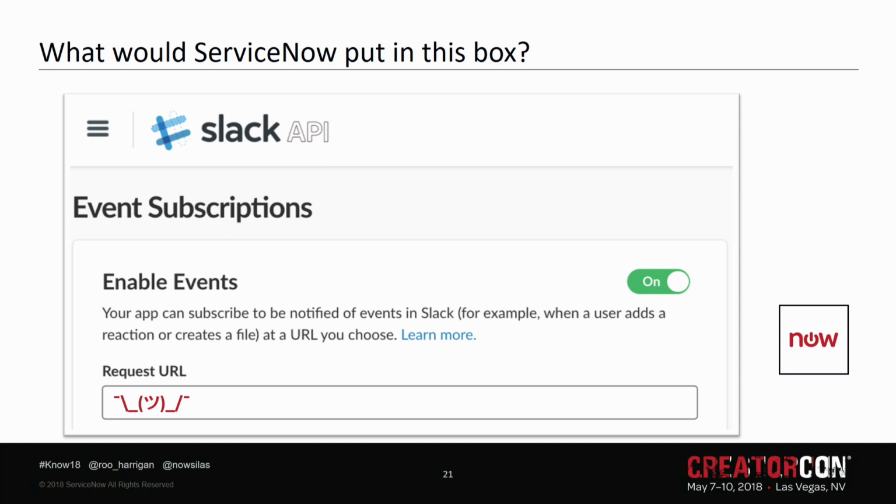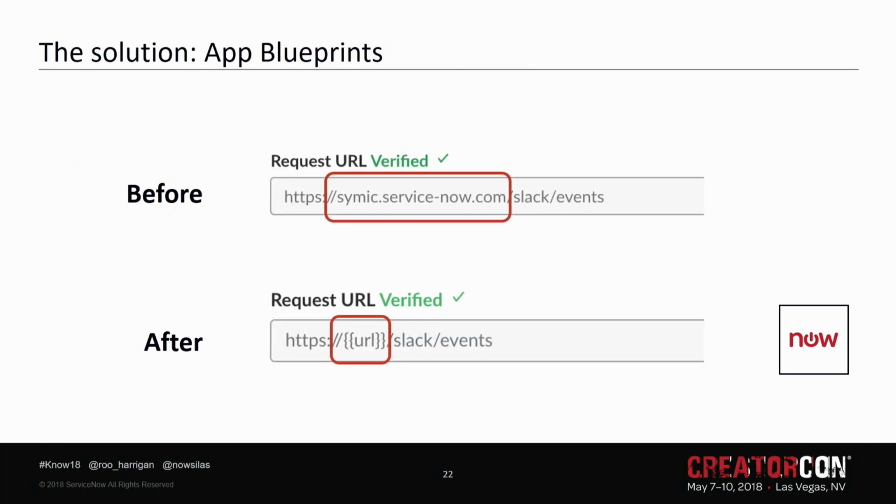And that's when we reached out to Slack, and thankfully, Slack had already been starting to think about this problem. Yes, we had definitely been noodling on this, and the solution that we came up with together, we're calling app blueprints.